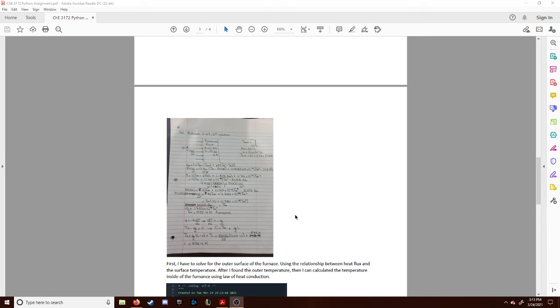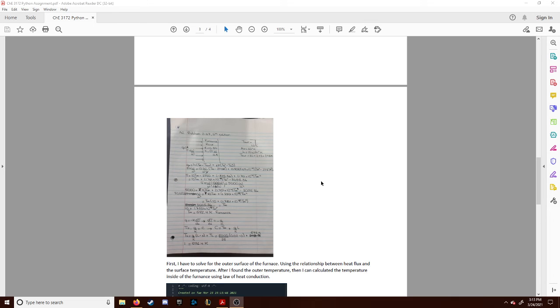In order to calculate that, I use the relationship of heat flux times h, this equation at the top, to solve for the temperature on the outer surface of the furnace. And since, as you can see, the surface temperature is raised to the fourth power in one term and the first power in the first term, I can't isolate it to solve it.